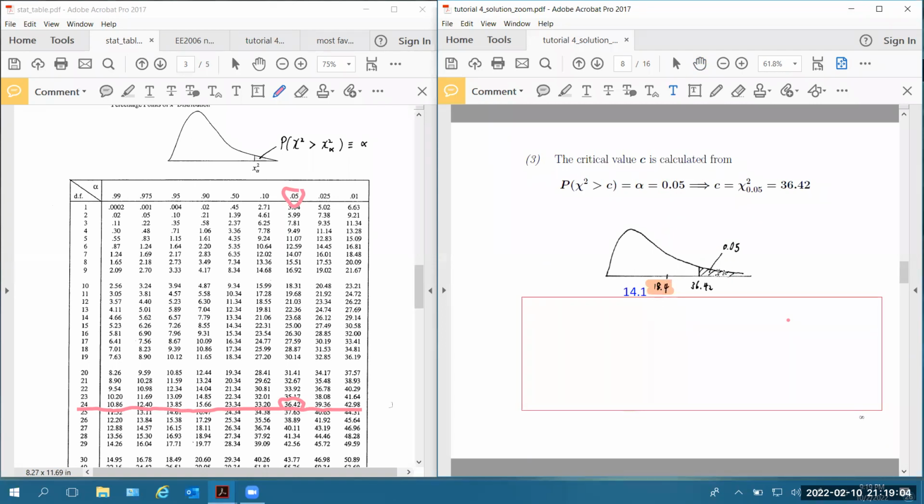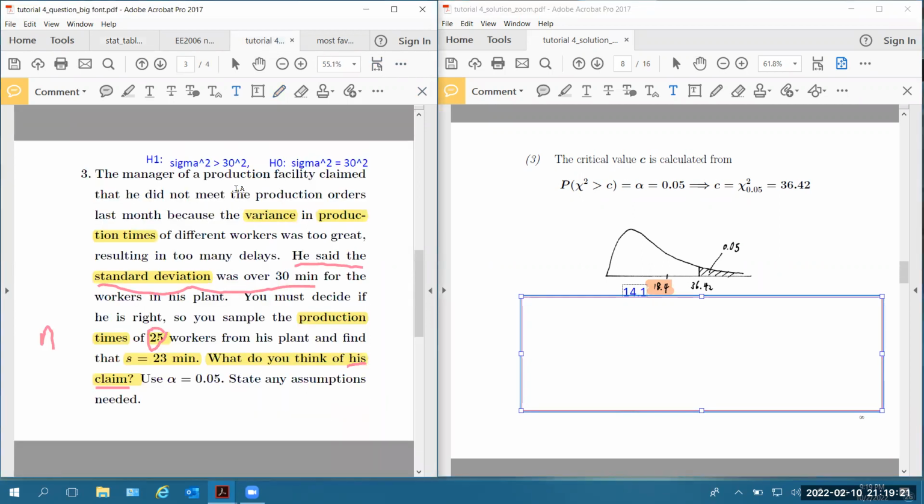So is this inside or outside of the rejection region? Outside. Everyone agree? It is outside. That means you have to accept H0 because you cannot reject. So you accept H0, you reject H1.